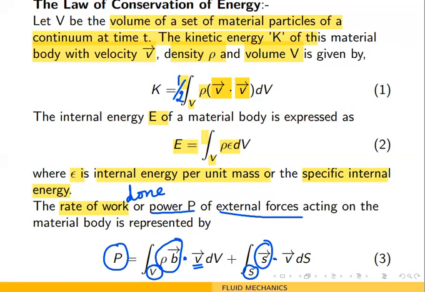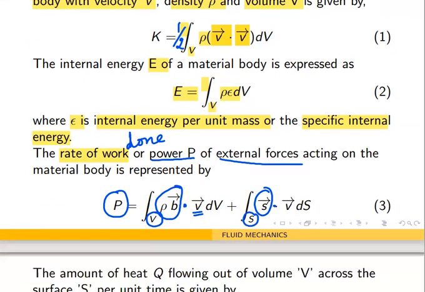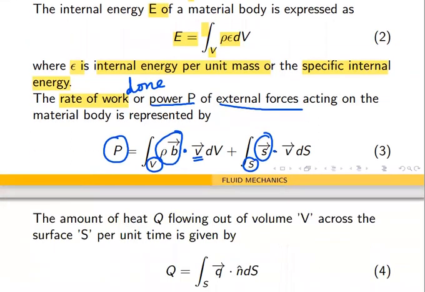Then, since we are dealing with energy, let us take the amount of heat Q flowing out of the volume V, that is, going outside this volume. Q is nothing but the surface integral. How is the heat going?